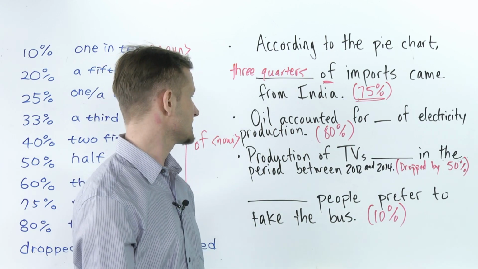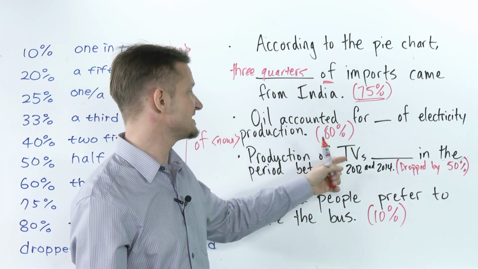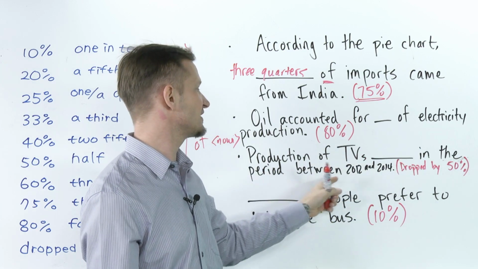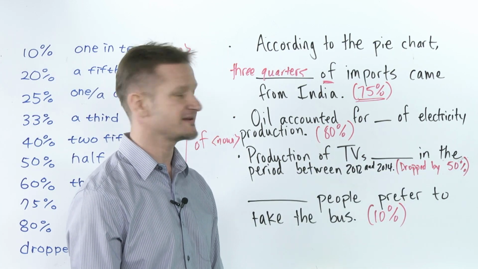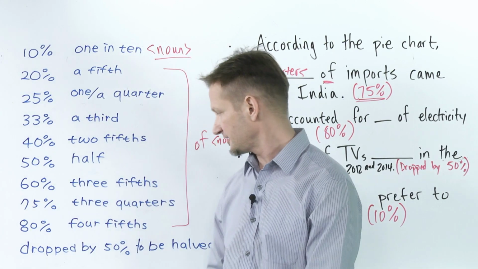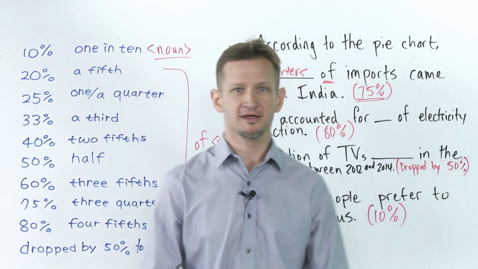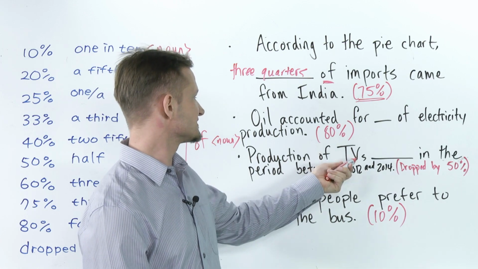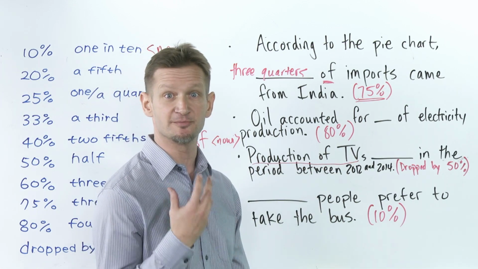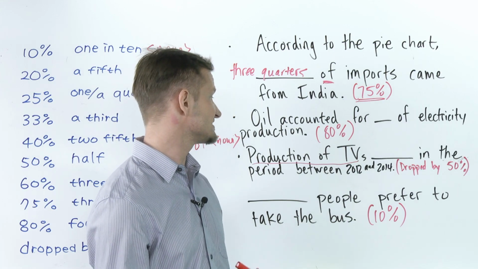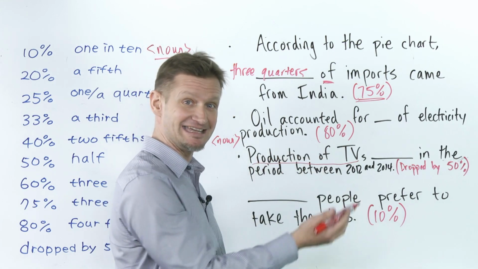So oil accounted for 4/5 of electricity production. Boom. All right. Production of TVs in the period between 2012 and 2014. Now we want it dropped by 50%. To be halved. But we got to conjugate the verb. So production of TVs, that's the subject of the sentence. So to be, we need to say that production is it, right?